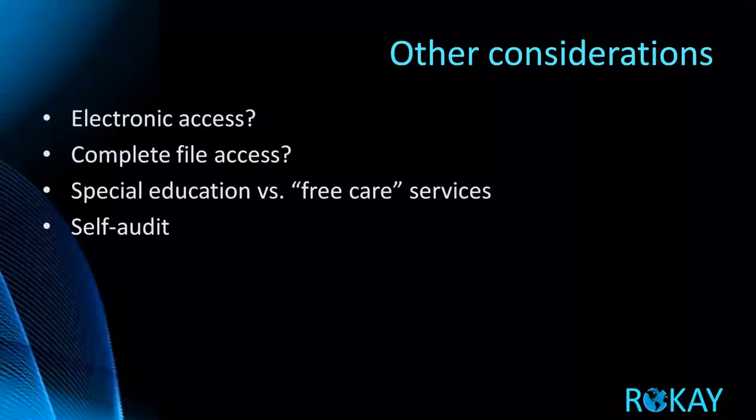Under free care, the students who are receiving services that are being reimbursed by Medicaid may have nothing to do with special education. They've never received special education services. There is no file for them in special education. So we have parental consent forms over here in all these special ed files, but we've got these students over here receiving services. They don't have a special ed file.